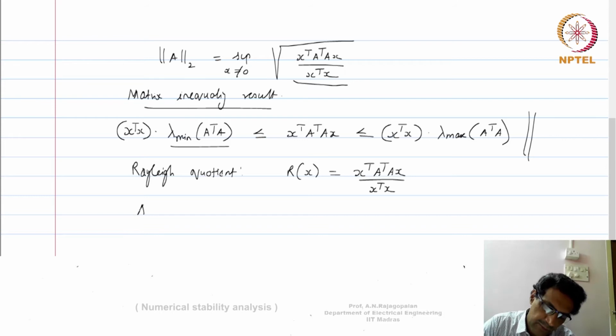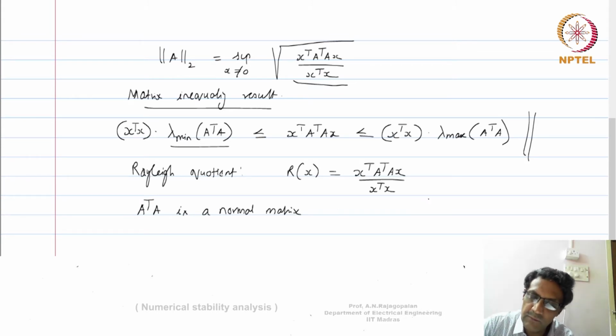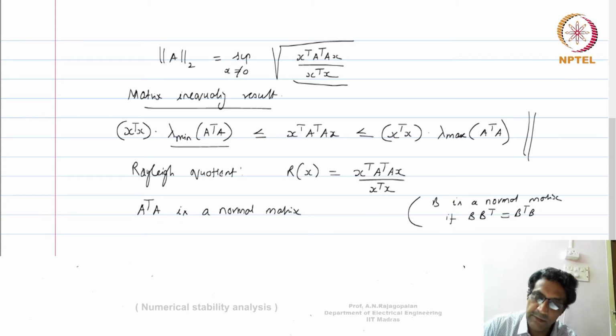Now, A transpose A is actually a normal matrix, correct? What is a normal matrix? We have already seen this while doing image transforms. B is a normal matrix if B B transpose is equal to B transpose B. And of course, when B is symmetric, this is automatically obeyed.